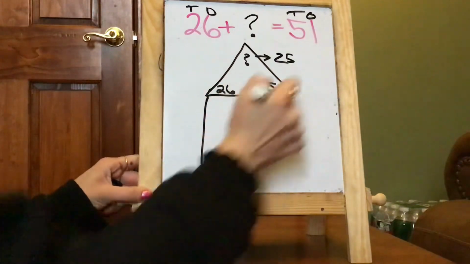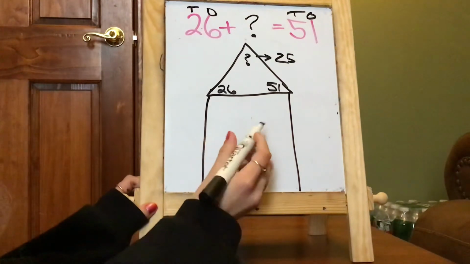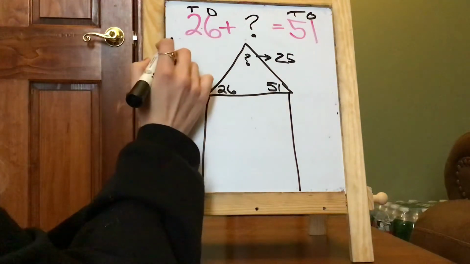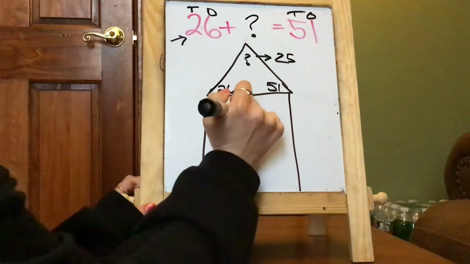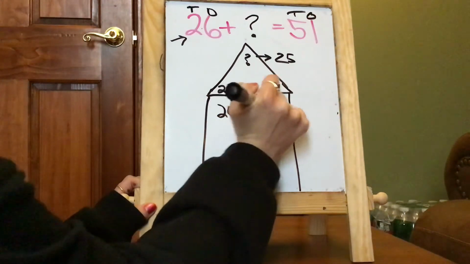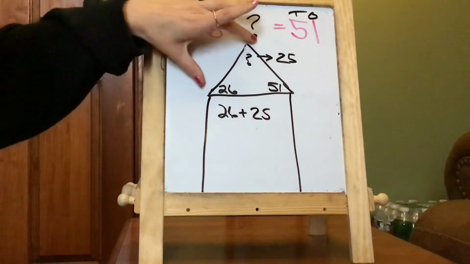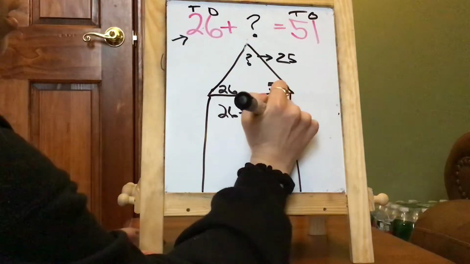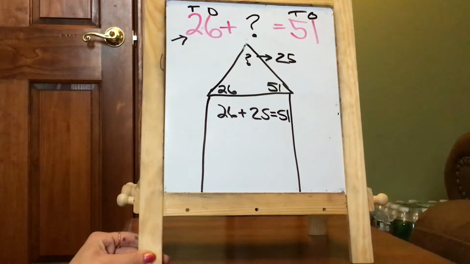Now what a fact family does is it shows us how we can break up an addition problem to make a subtraction problem or vice versa. So to start off, I'll just finish off our equation we see here. 26 plus 25 are 2 addends, our 2 smaller parts, equals our sum or our whole, 51.